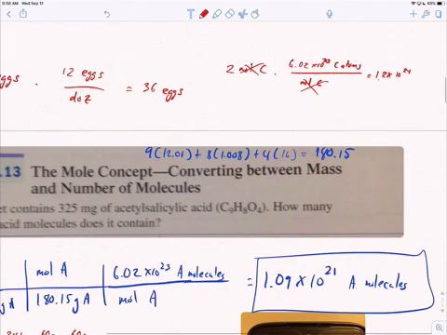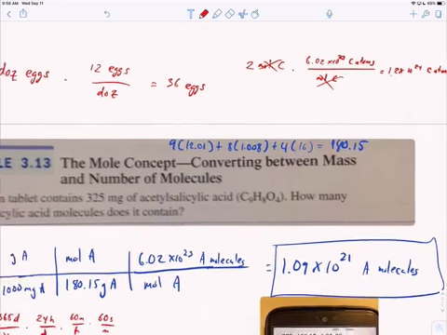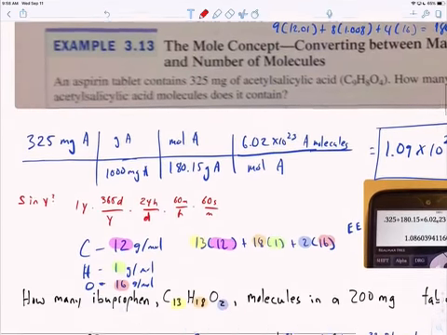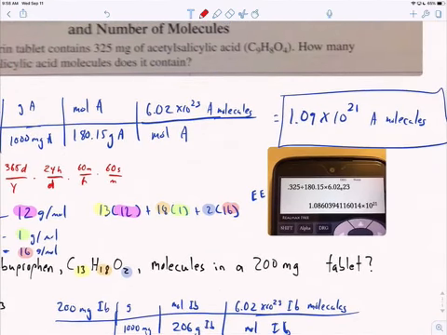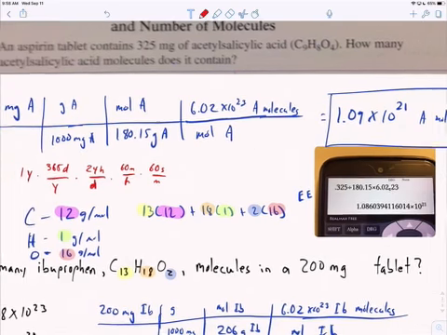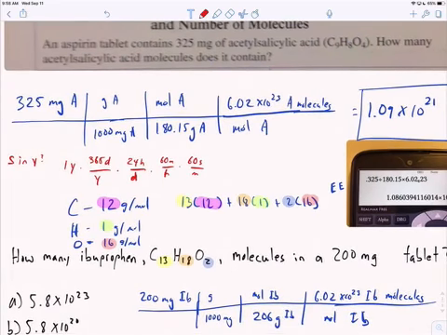12 times 7. So here, looks like that's your goal.